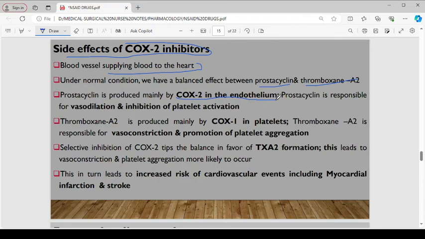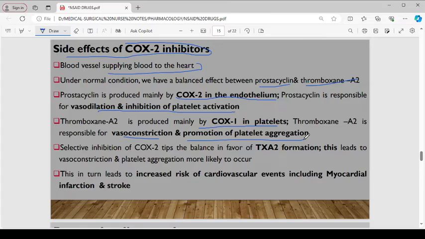This prostacyclin is responsible for vasodilation and inhibition of platelet activation. Thromboxane A2, on the other hand, is primarily produced by COX-1 in the platelets. This thromboxane A2 is responsible for causing vasoconstriction and promotion of platelet aggregation.